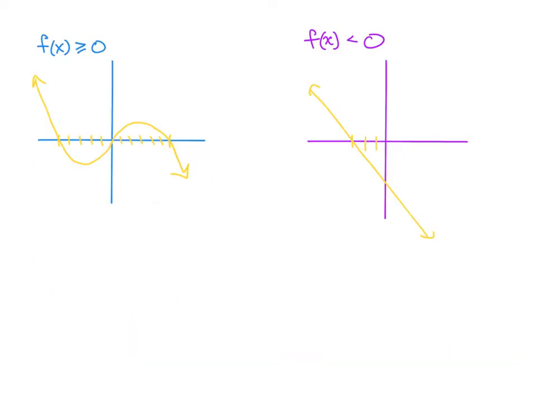All right. These 2 examples here, you're just given some graphs and you're asked to find, for this first one, where is the function greater than or equal to 0? You can think of this still, where is y greater than or equal to 0? Where are the y values positive or equal to 0?